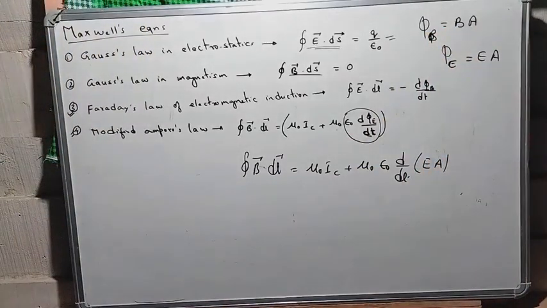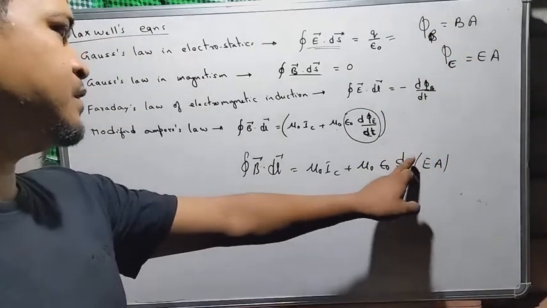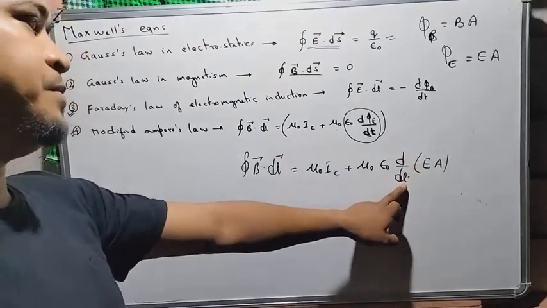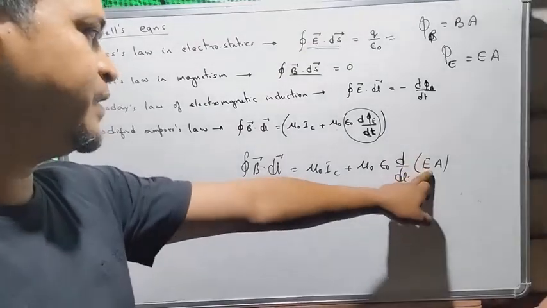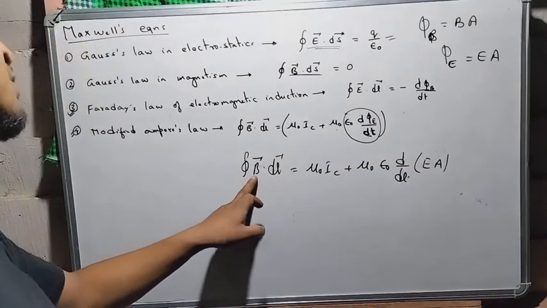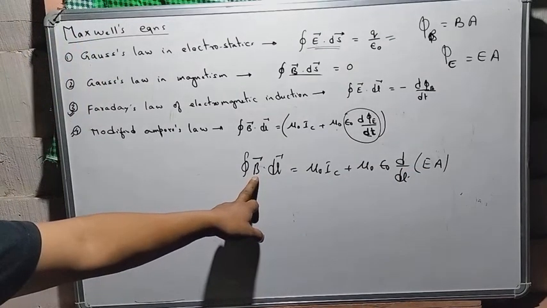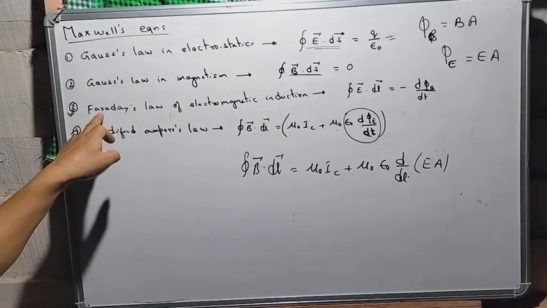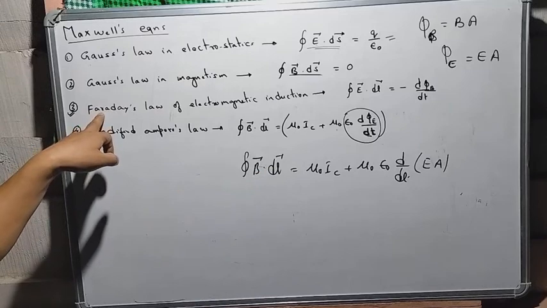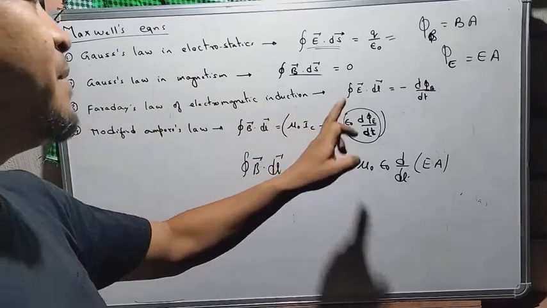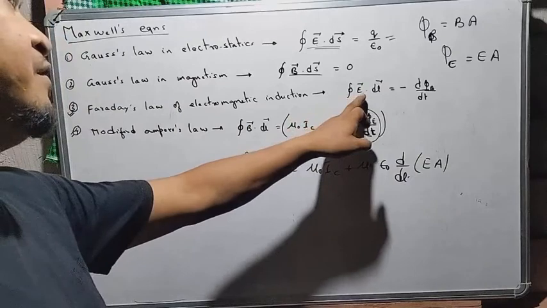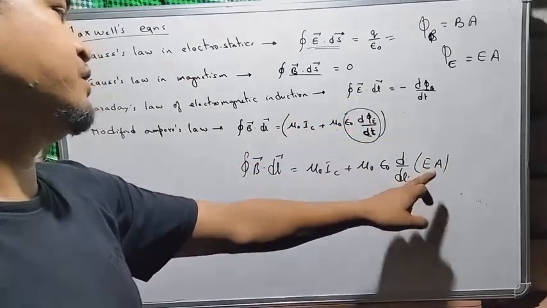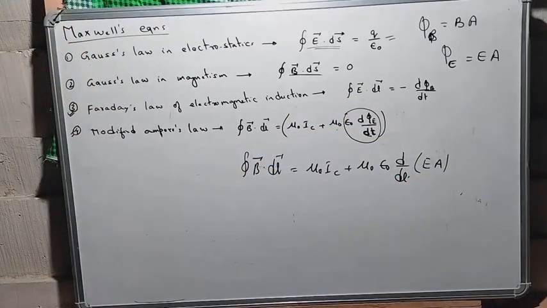Here E is changing with time. So when the electric field is changing with time, then we get a magnetic field. Previously, in equation number 3, in Faraday's law, a changing magnetic field produces an electric field. But now a changing electric field produces a magnetic field.